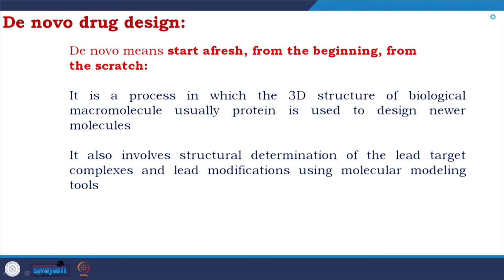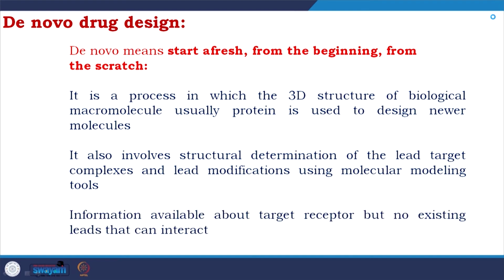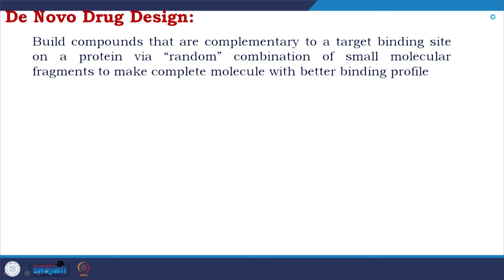It also involves structural determination of the lead target complexes and lead modification using molecular modeling tools. Information is available about the target receptor, but there are no existing leads that can interact. Build compounds that are complementary to a target binding site on a protein via random combination of small molecular fragments to make a complete molecule with a better binding profile.